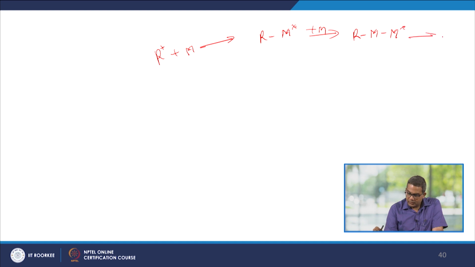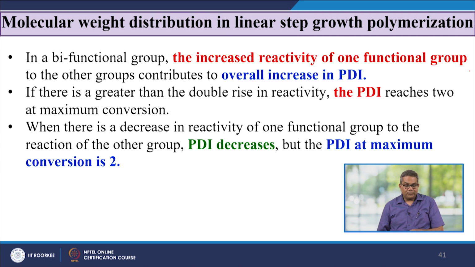Now, for the sake of an example, this can be given like this: R-M plus again monomer. So in this way the chain grows repeatedly. Now this is the chain, and again it can act as a proper functional group.